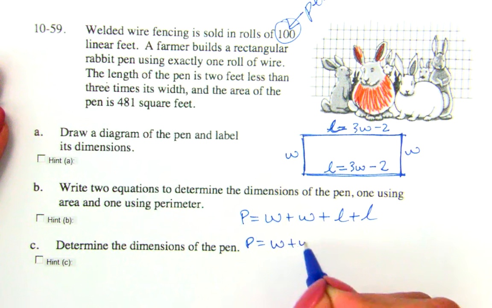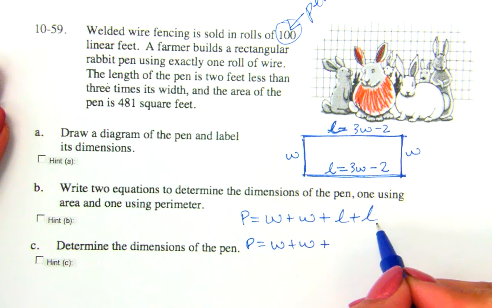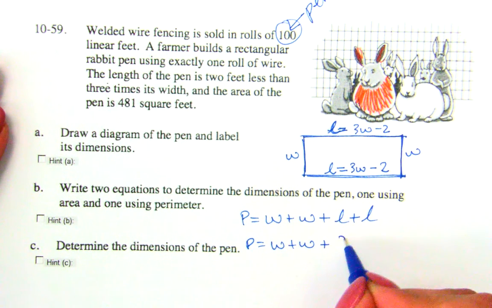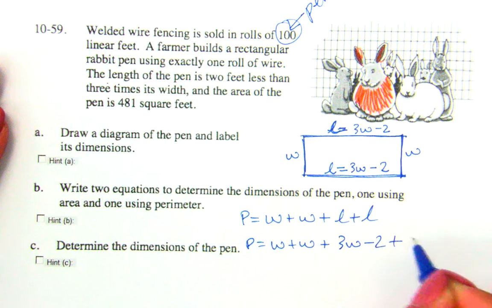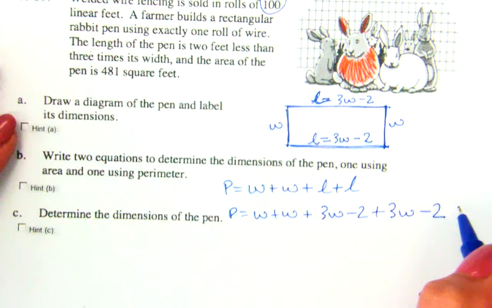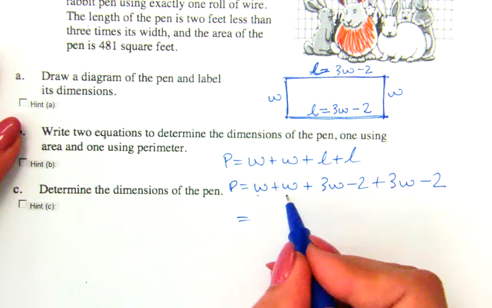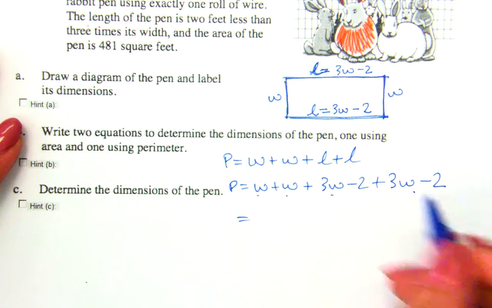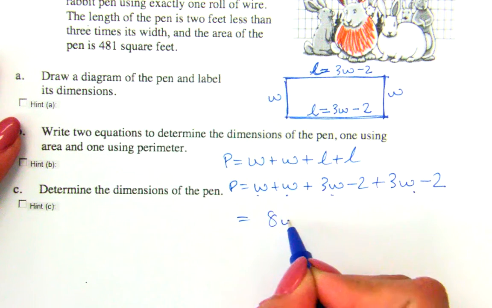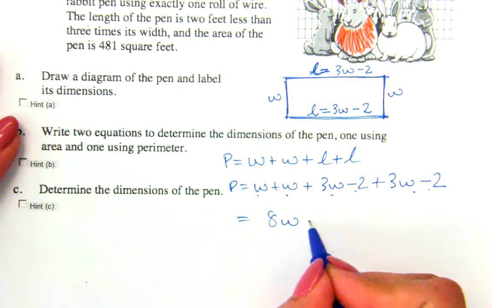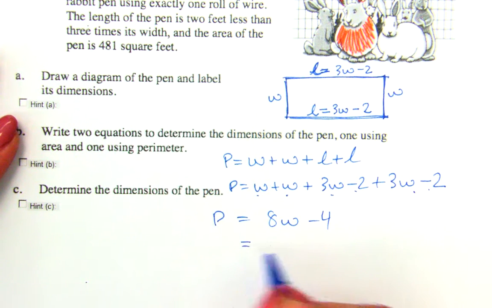So W plus L plus L is 3W minus 2 plus 3W minus 2. Okay, so how many W's do we have? 1, 2, and then 3 and 3, so that's 6, 7, 8. So 8W minus 2, so minus 4 is the perimeter.